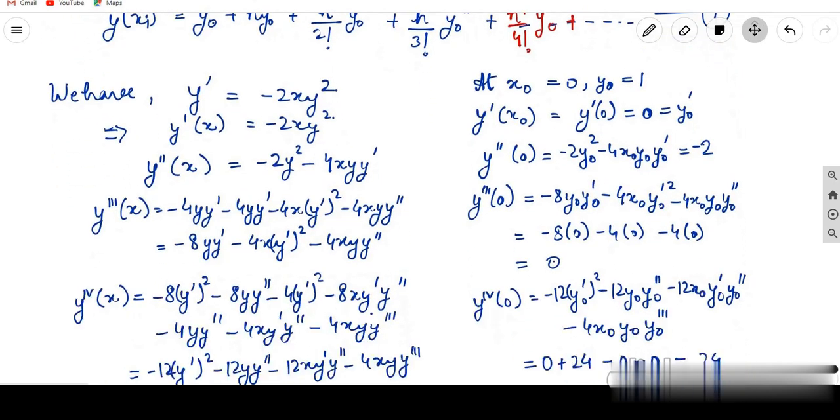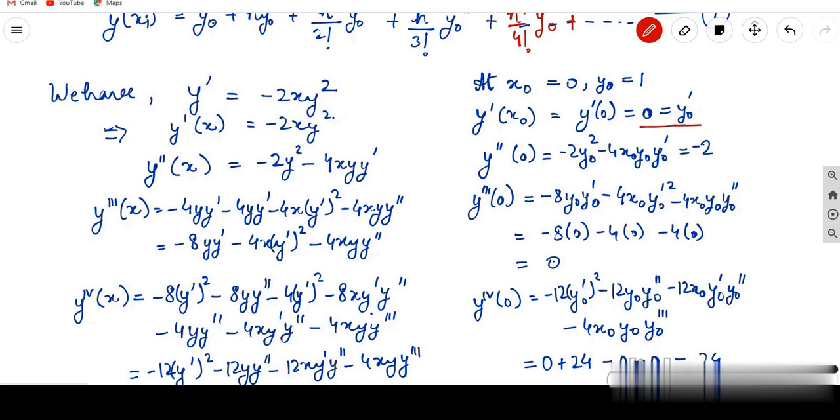Our IVP is given as y dash is equal to minus 2xy square. So here we know x0 is 0 and y0 is 1. So y dash is equal to minus 2 times x0 into y0 square. So we will be able to get the value of y0 dash, that is 0.